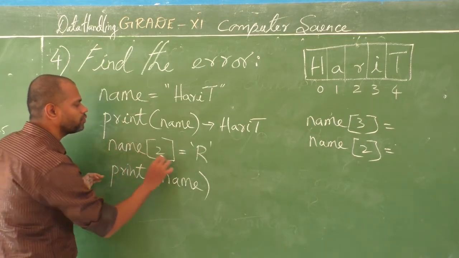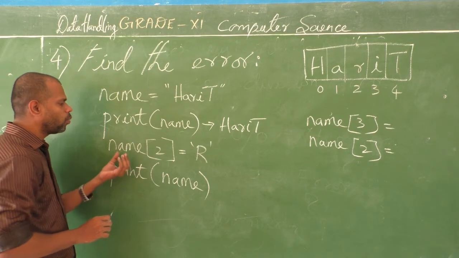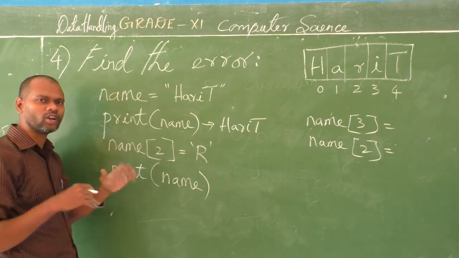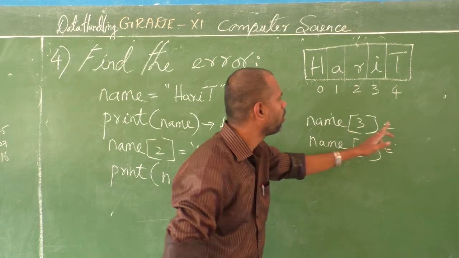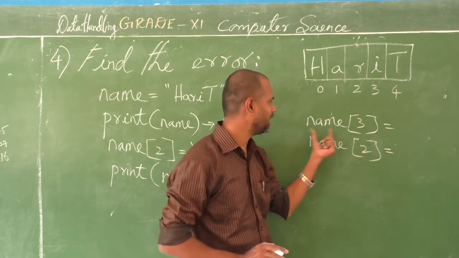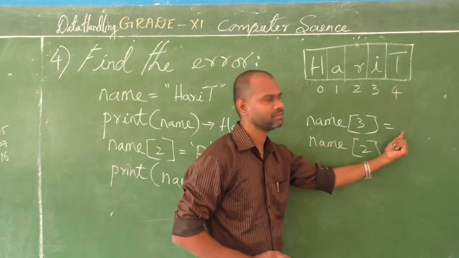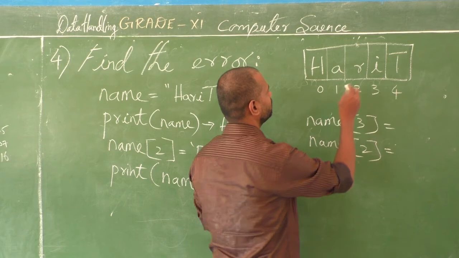Okay. Then name of 2. What is name array of 2? You got confused, right? Very simple. Name array of 3, what is the letter? You tell me. So this is name.